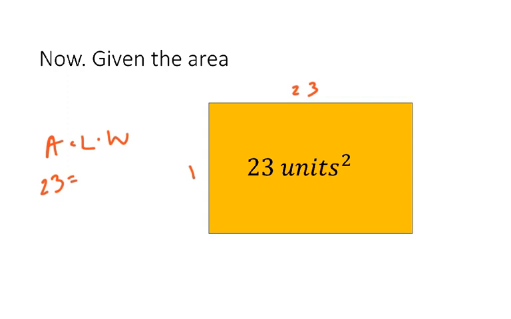We could also, oddly enough, this is maybe the less common one, if this was 2, then this would be 11.5. So they still multiply together to get 23. As long as they're multiplying to get the area, then those are factors, and that works. Either combination works, but again, they have to multiply to get 23.